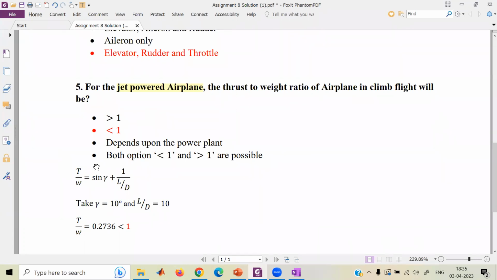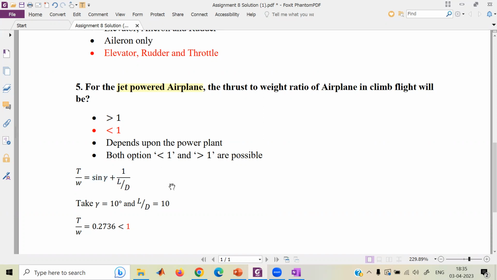And if it is greater than one, then how about these equations? Will this hold or not? They should hold, sir. So let's think about it. In what situation will this number add up to more than one?